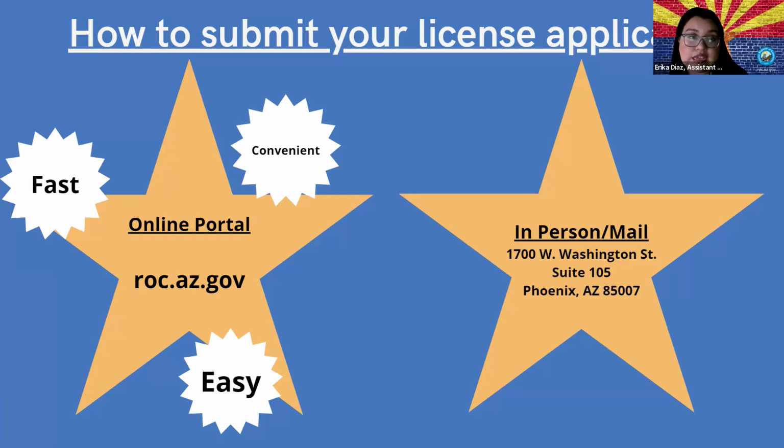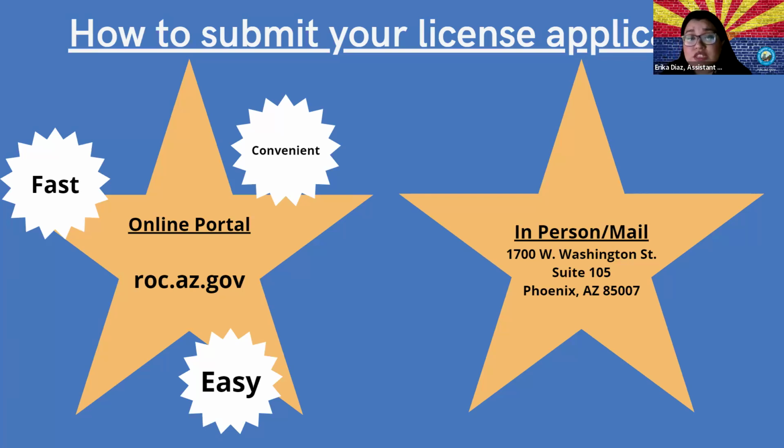It will always highlight and let you know if there is something missing, and it will not let you move forward. So we know we reduce deficiencies that way. Also, if you're using one of our bond companies that use our bond portal, they will get that bond uploaded for you. That is one less document you need to remember to submit to us, which will help out tremendously.